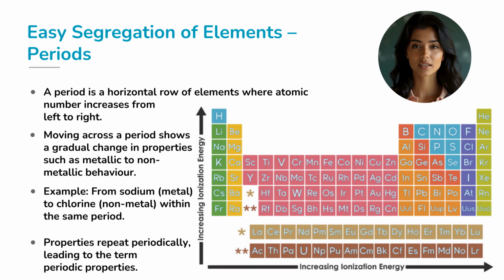For example, in the third period, we start with sodium on the extreme left, a shiny reactive metal, and end with chlorine on the extreme right, a greenish yellow poisonous gas. The same row contains metals, metalloids, and nonmetals, showing a clear transition. This is why the table is called periodic, because properties repeat at regular intervals.